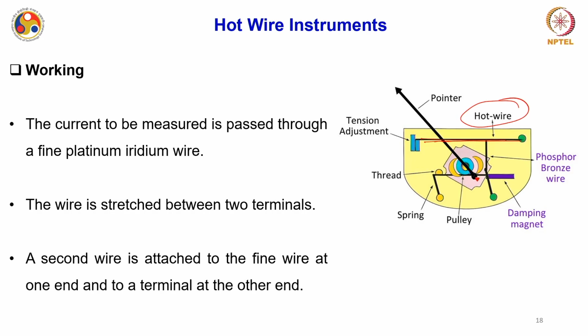This has to be stretched between two different terminals. A second wire, which is made up of regular phosphor bronze wire that we have already seen in the PMMC kind of instrument, is attached, say, at the X and Y points. It is attached at some point, say at Z. This second wire, which doesn't have to be a platinum iridium wire, is attached to the thin wire at one end and to a terminal at the other end.